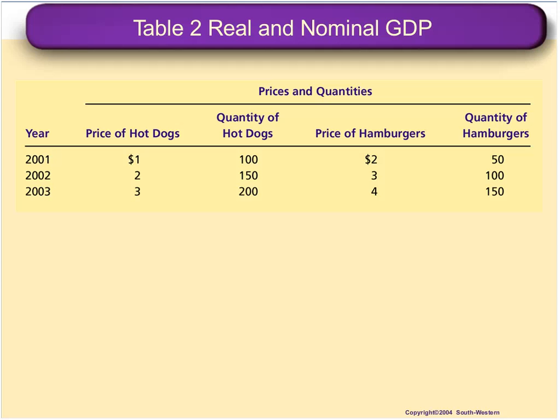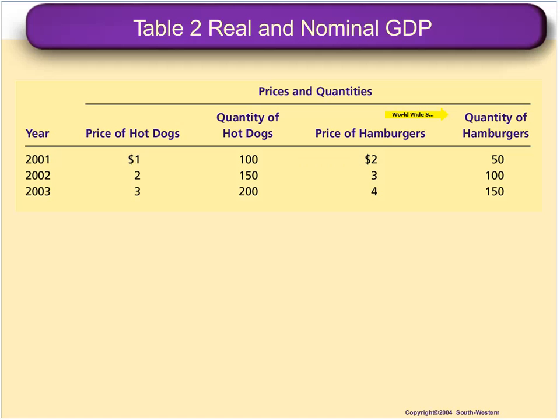So look at here: prices and quantities in different years, 2001, 2002, 2003. The price of a hot dog is $1, $2, and $2. The quantity of hot dogs is 100, 150, 200. The price of a hamburger is increasing as well. The quantity of hamburgers is 50.